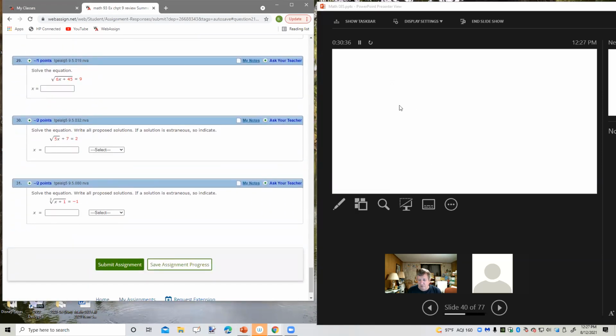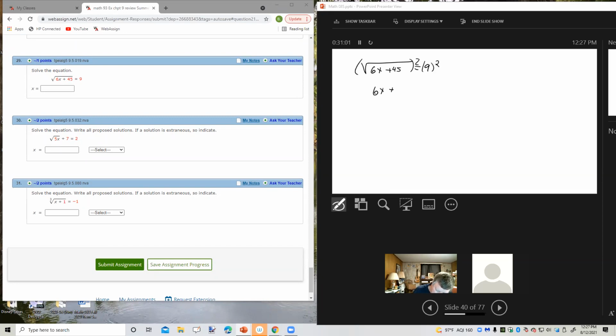Solve the equation. We've got the square root of 6x plus 45 equals 9. Solving a radical equation is kind of like solving an absolute value equation. If you've got one radical, you want to separate it. It already is. So then the next step is to square both sides.